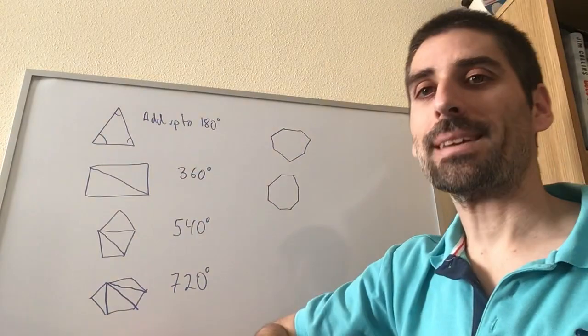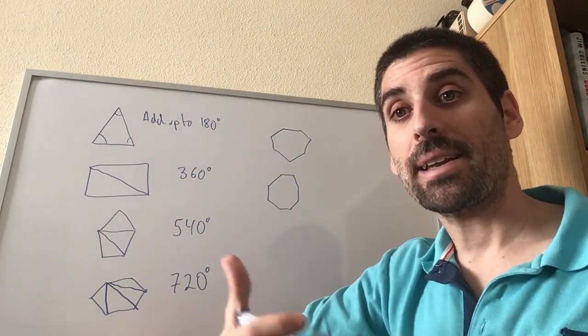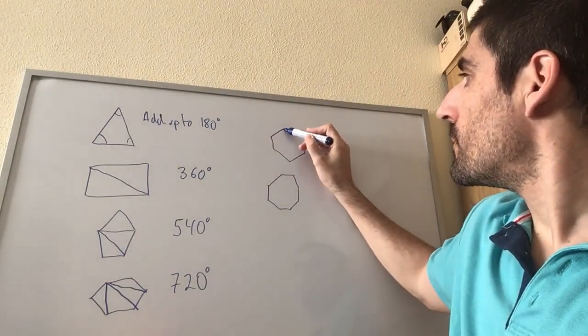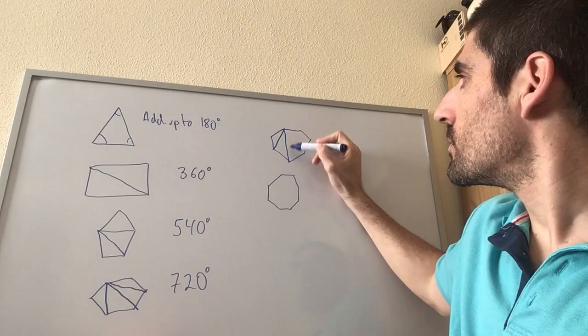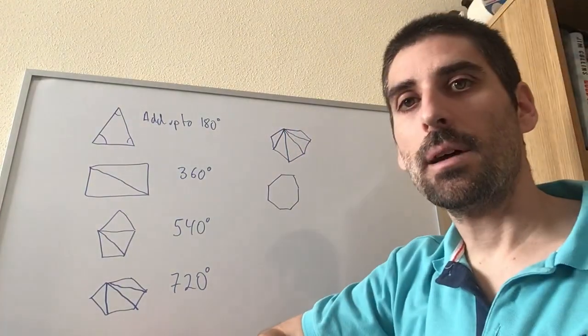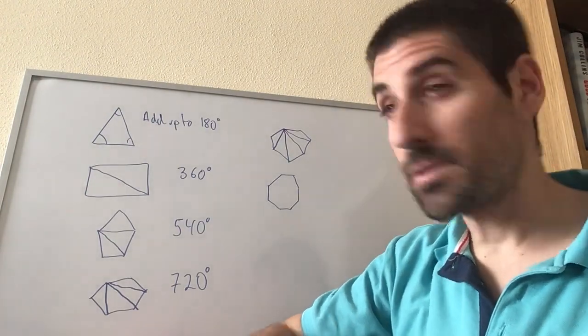What about the septagon then? The 7-sided polygon. Into how many triangles can I split it? 1, 2, 3, 4, and 5. 5. 180 times 5 is 900 degrees.